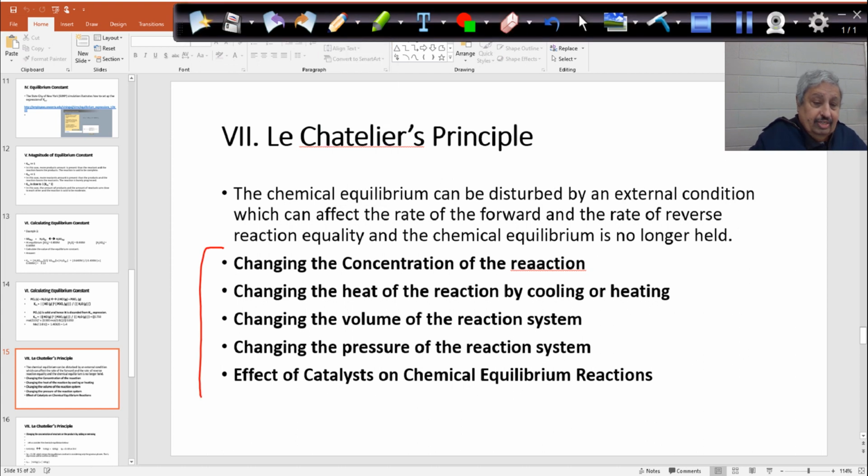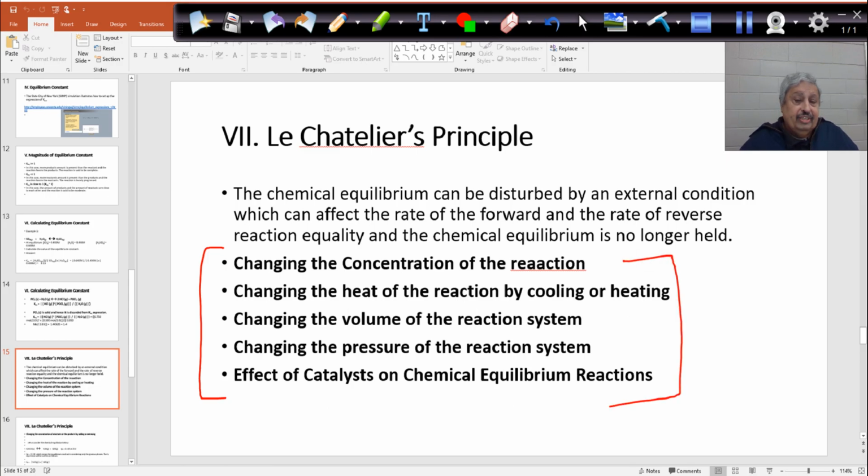So, Le Chatelier's principle: the chemical equilibrium is in equilibrium as long as there is no external condition affecting it. As soon as there is an external condition affecting this chemical equilibrium, it will shift to the side with the least stress, to release the stress, to regain its status back to the chemical equilibrium. And those conditions are here.